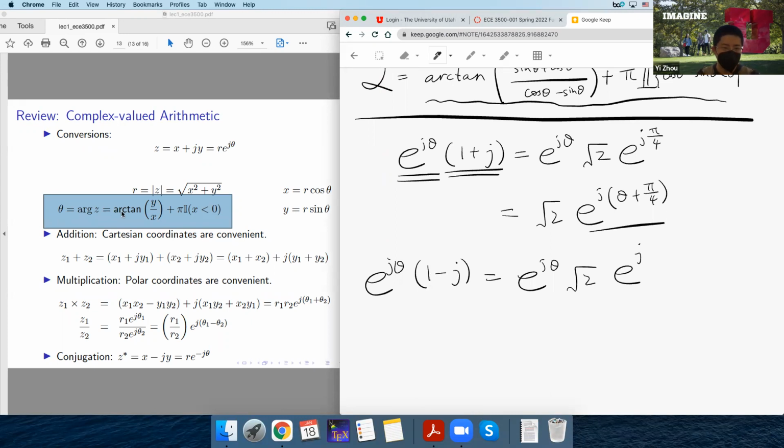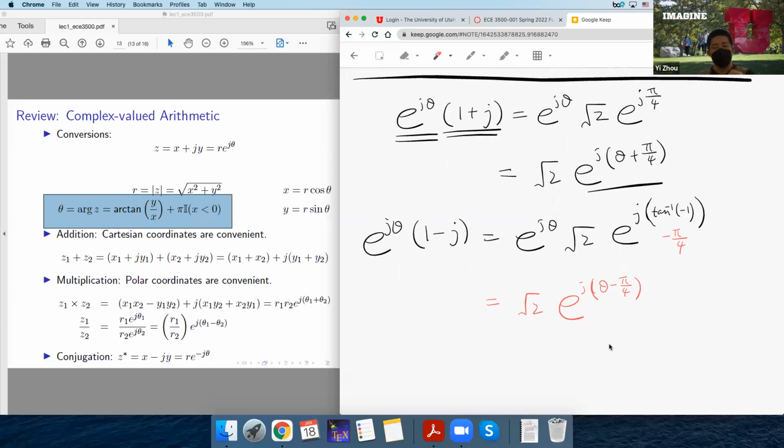So you have arctangent of -1. And in this case, x is still positive, so we can ignore the second part. And we know that arctangent of -1 is negative pi over 4. It is unique. So you end up with square root of 2 times e^{j theta minus pi over 4}.